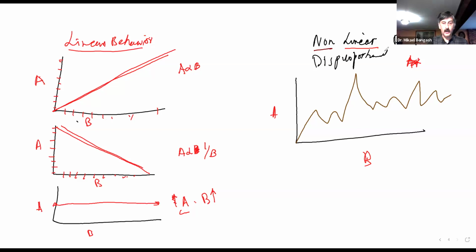If we look at the outline of this line here, it is not straight as it was in linear behavior. It is irregular. So what mainly makes non-linear behavior what it is, is that it is unpredictable.